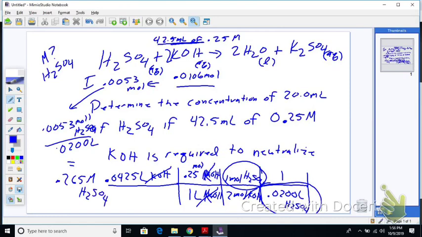Now, when you titrate, you get these numbers. So, like in this example up here, if I titrated it, it took me 42.5 milliliters to do the reaction. And so that allows me to get all my numbers in that.